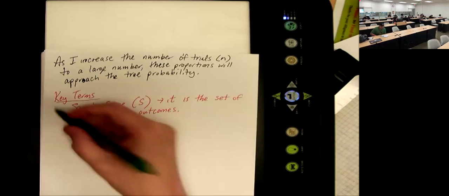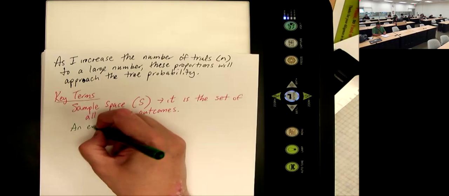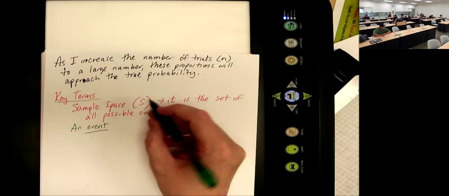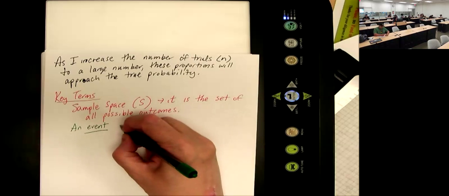An event is a collection of one or more outcomes.